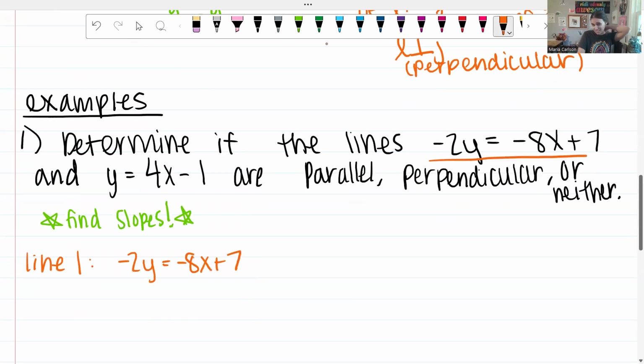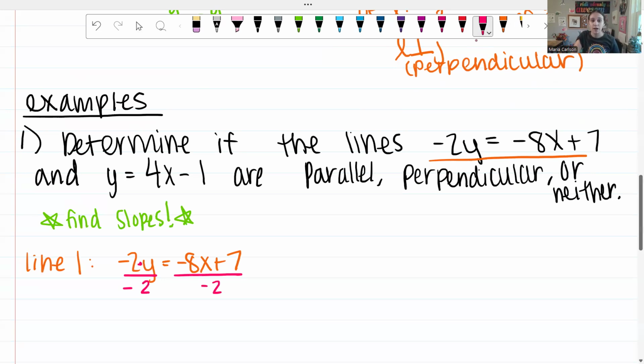And this kind of looks like slope-intercept form, but it has this negative 2 being multiplied to the y. So I need to actually solve for y here, and I need to divide both sides of this equation by this negative 2 to figure out what this equation's slope is in simplified form.